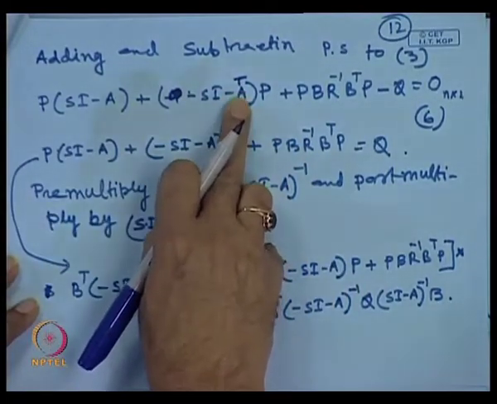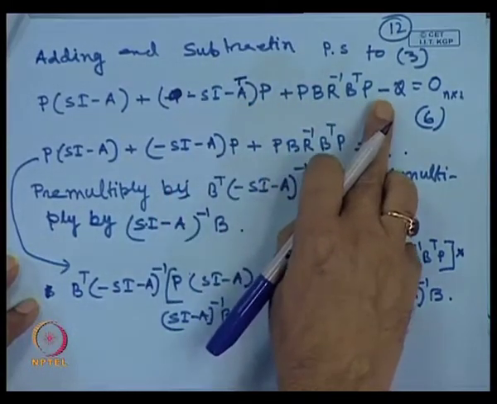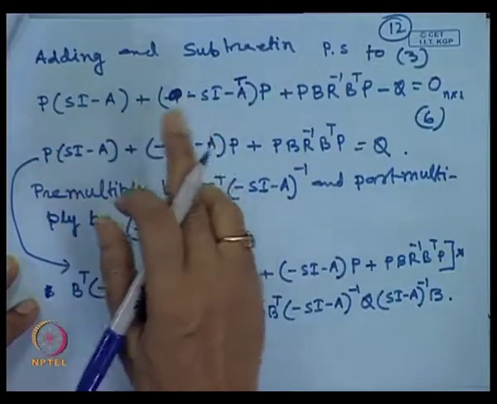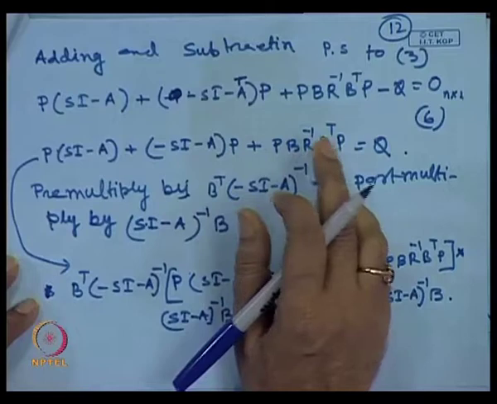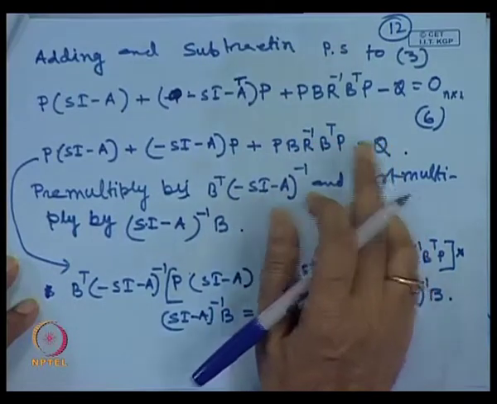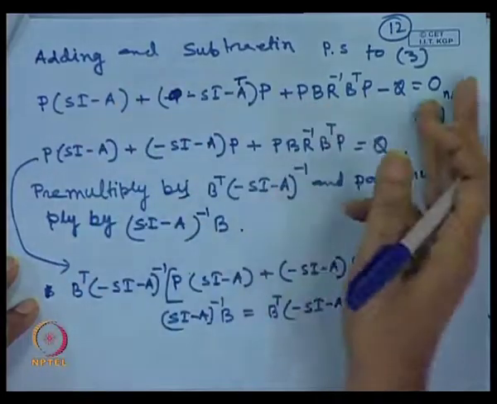Then P B R inverse B transpose minus Q, because our Riccati equation is A transpose P plus P A minus P B R inverse B transpose P plus Q. Both sides I multiplied by minus, it does not matter.